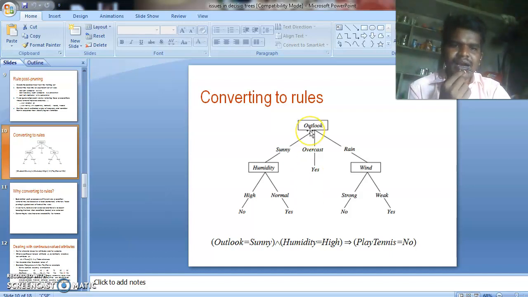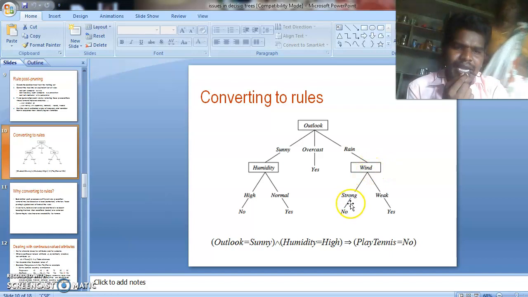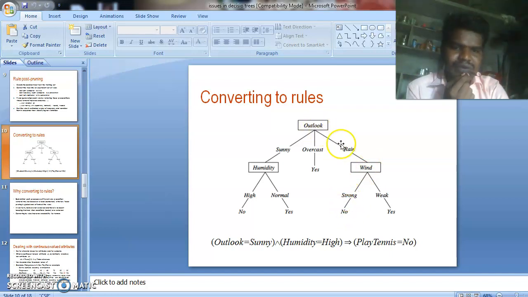Here is our decision tree converted into a set of rules. If outlook equals sunny and humidity equals high, then play tennis is no. If outlook equals sunny and humidity equals normal, then play tennis is yes. If outlook equals overcast, play tennis is yes. If outlook equals rainy and wind equals strong, play tennis is no. If outlook equals rainy and wind equals weak, play tennis is yes.